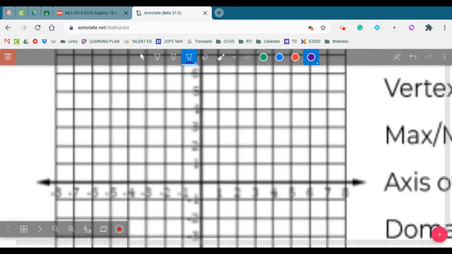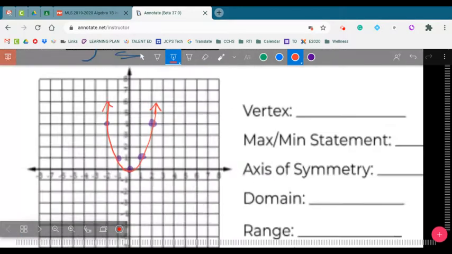So let's graph these. We have -2, 4, -1, 1, 0, 0, 1, 1, and 2, 4. And then we're going to graph our quadratic function. Now let's talk about the parts.